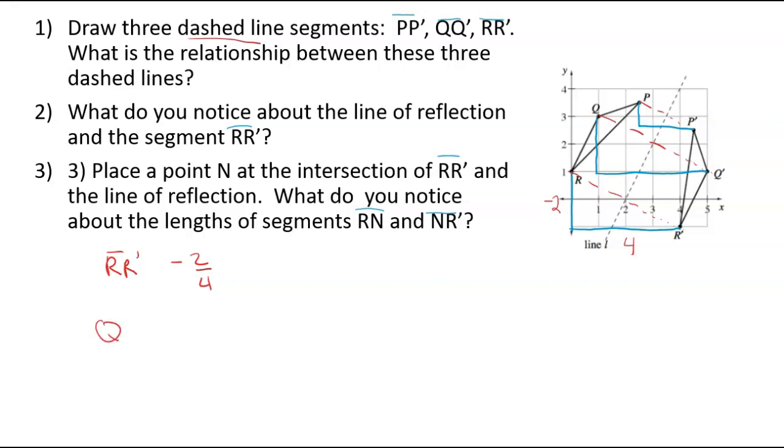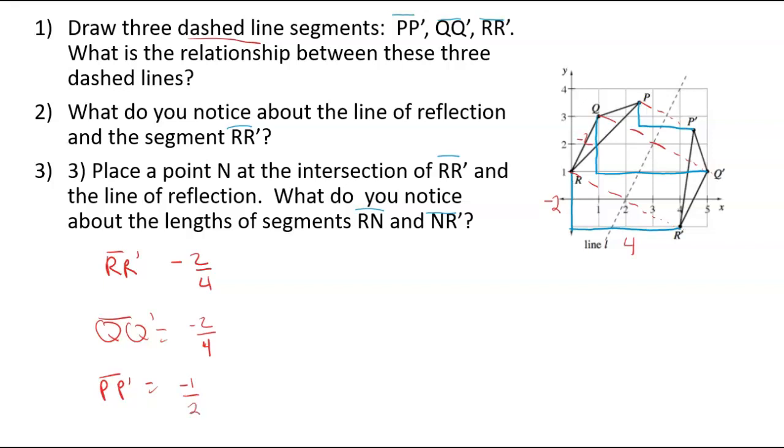Notice for Q to Q prime, I also go down 2, and I also run 1, 2, 3, 4. So -2 over 4. And then P to P prime, I'm going to go down, it looks like 1. So I'm at 3.5 to 2.5. So I'm going to go down 1, and it looks like I run 1, 2.